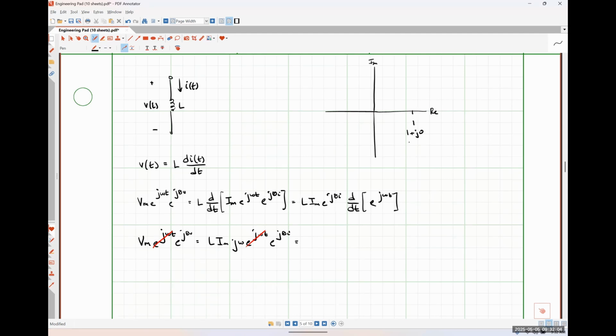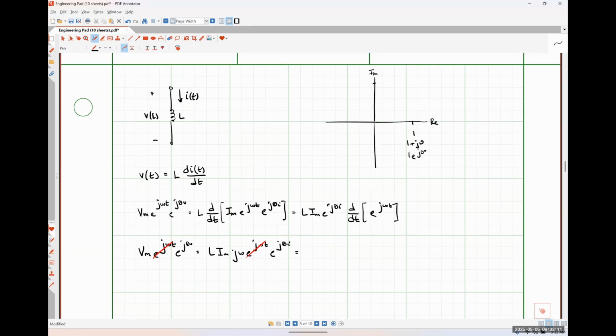And in exponential form, that would look like 1 e to the j 0 degrees. Well, if I go up 1 unit in the imaginary direction, we probably call that j, but in rectangular form, we could write that as 0 plus j1. And in exponential form, that would look like 1 e to the j 90 degrees. So essentially, this j right here represents me multiplying by a factor of e to the j 90 degrees.